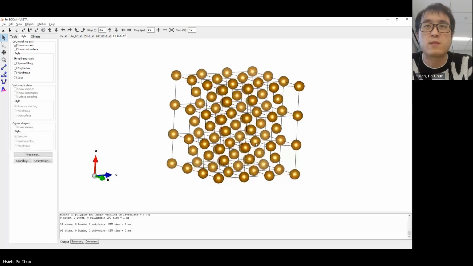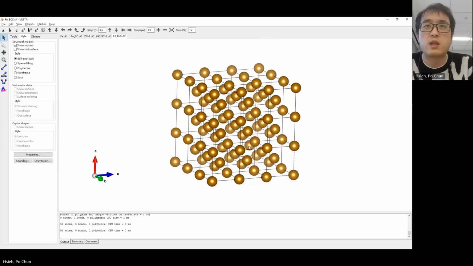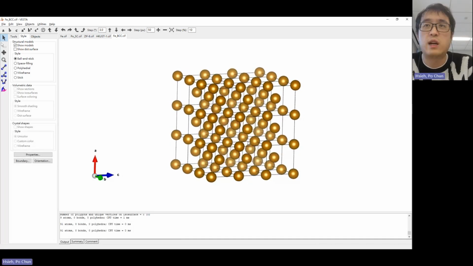Okay, so in this case, you might still say that, oh, it's very clear, this iron is at the corner of the cube, and this iron is in the center of the cube, right? No, actually they are the same.